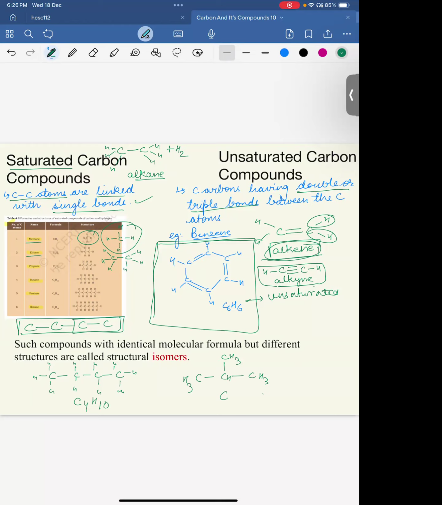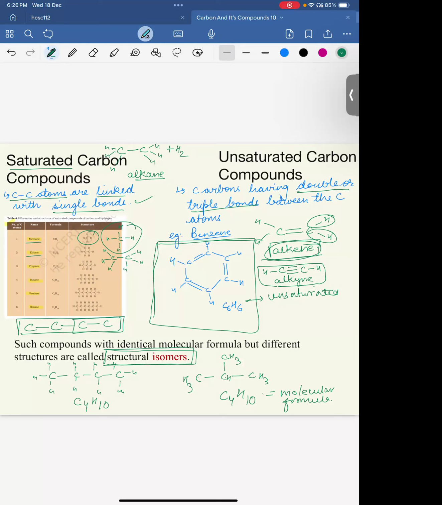Here, C: 1, 2, 3, 4. And the number of hydrogen, 10. The molecular formula comes out the same. Yes, ma'am. But the structures are different. What do we call them? Structural isomers.